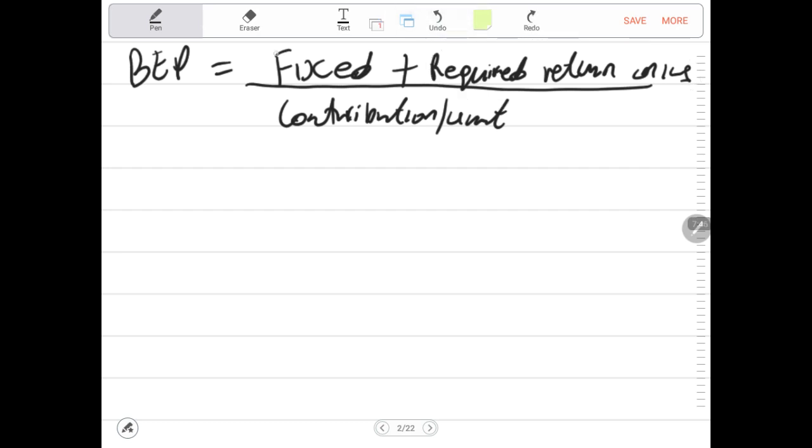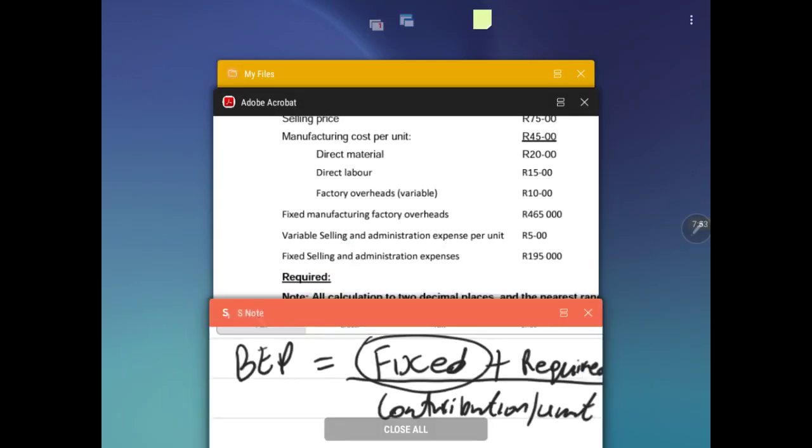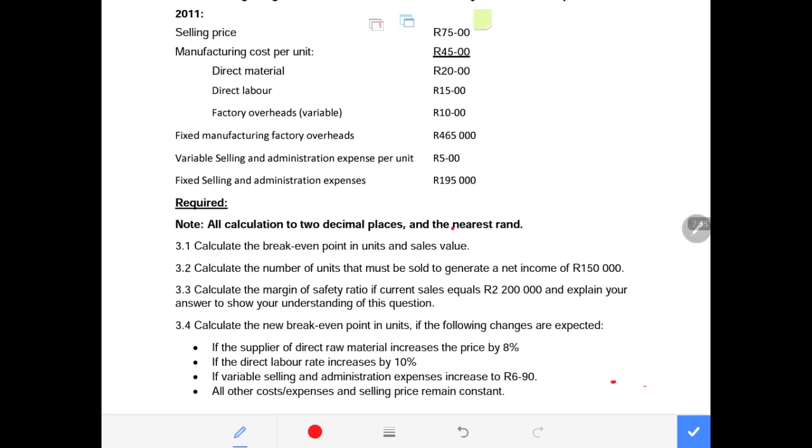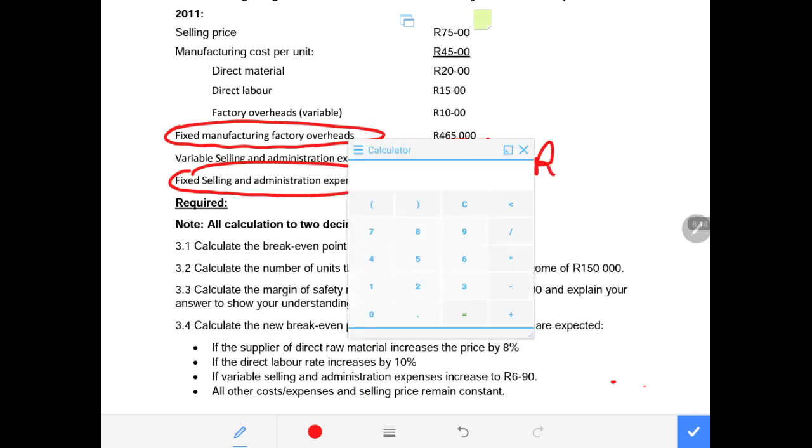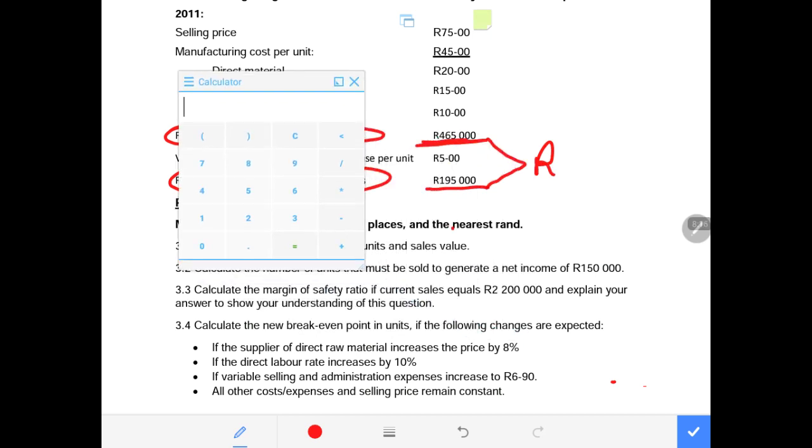Now we are told to take into account fixed cost, and I want to highlight that when we say fixed cost, we are really referring to fixed cost. Whatever is fixed must be taken into account. We have fixed manufacturing cost of 465,000. We also have fixed selling cost of 195,000. We add both of them because these are fixed costs that don't change because of the level of activity.